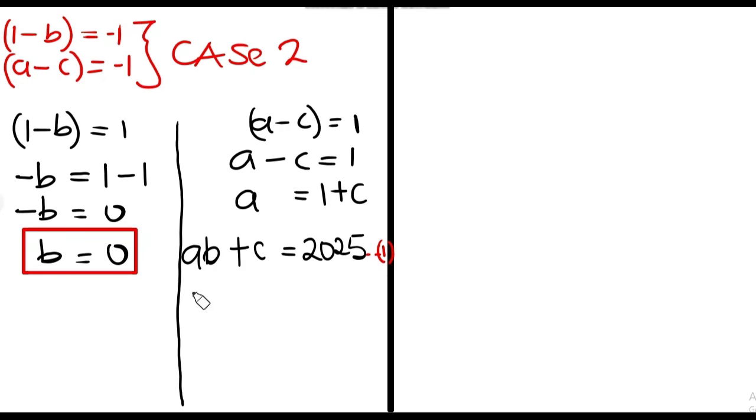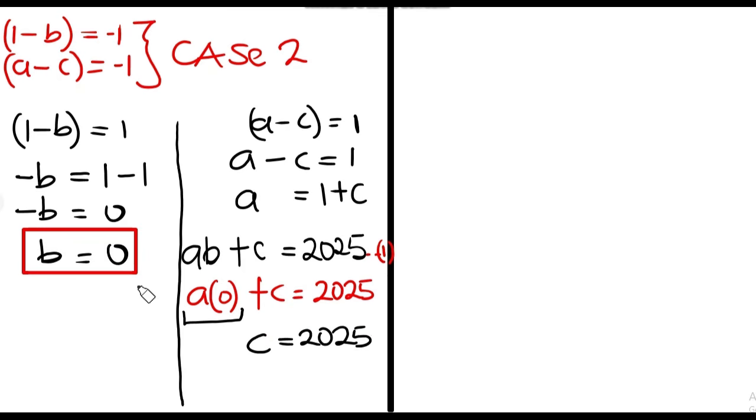So a multiplied by b, but I already know b is 0, so 0 in parentheses, then plus c equals 2025. The whole stuff here is going to be 0, and I have c left. c equals 2025.